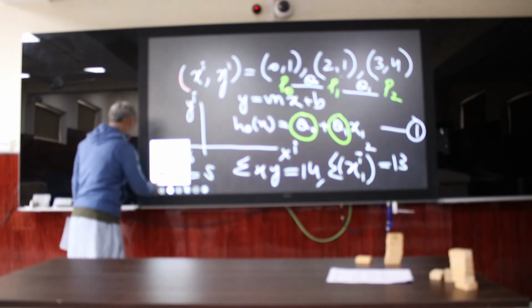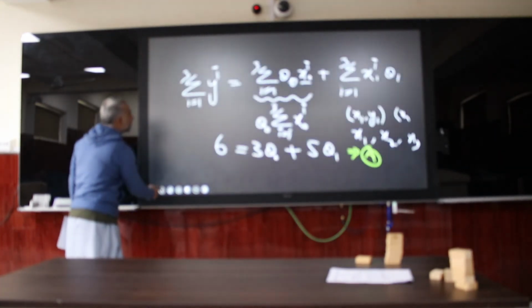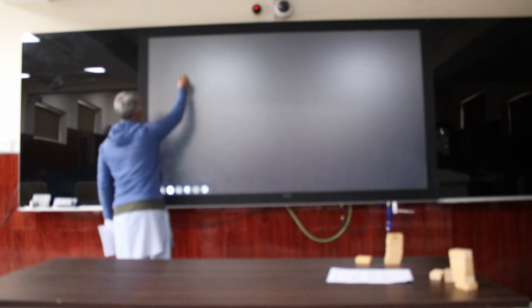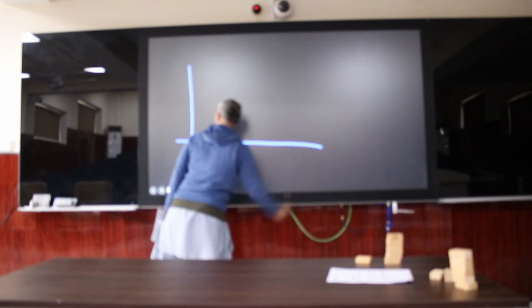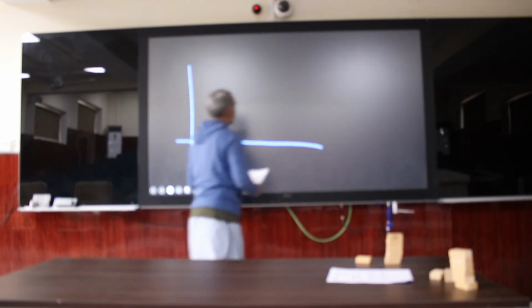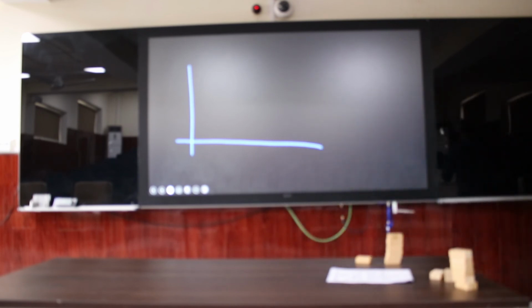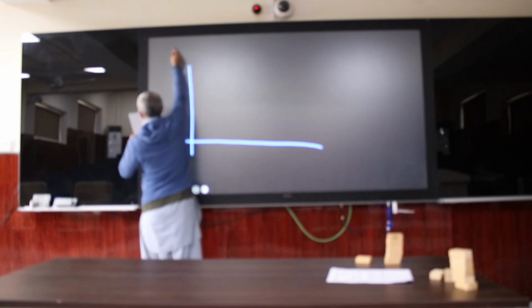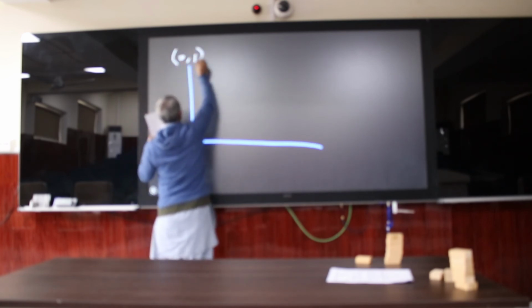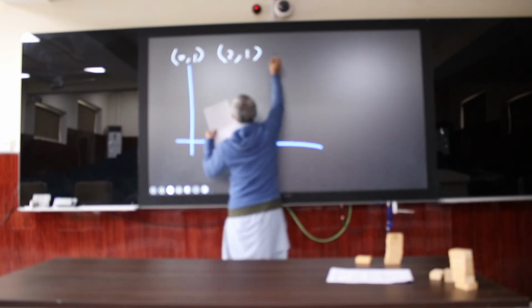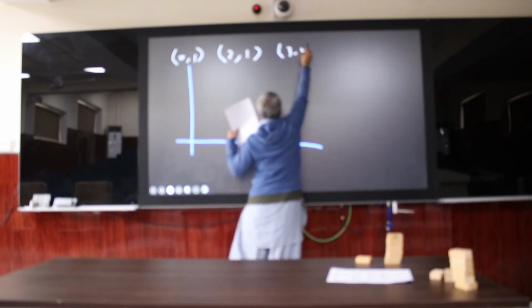Let me explain. You have points like the first is 0, 1, the second point is 2, 1, and the third one is 3, 4.